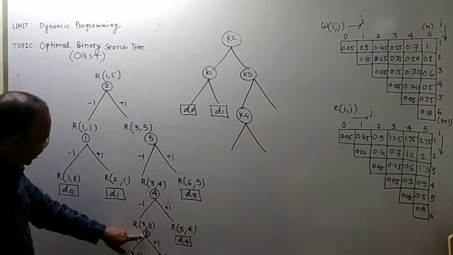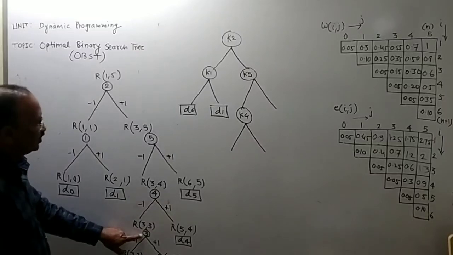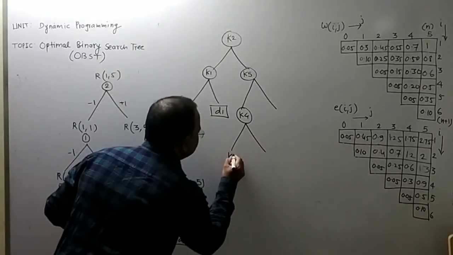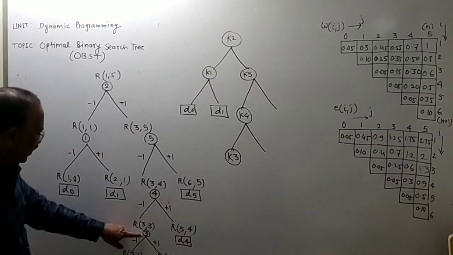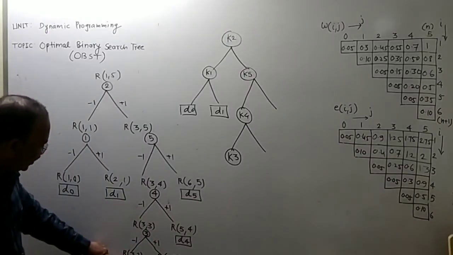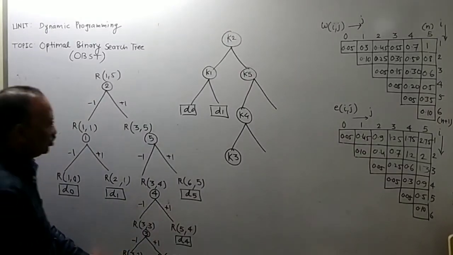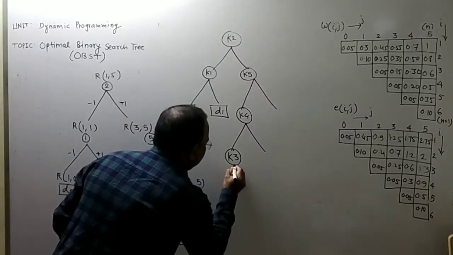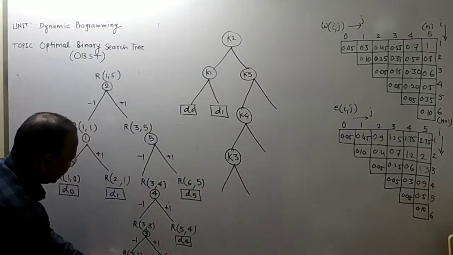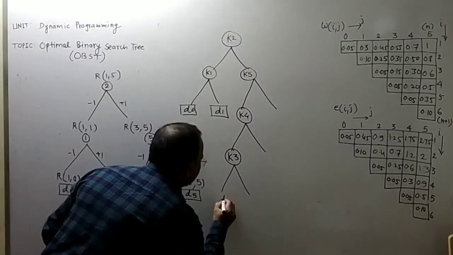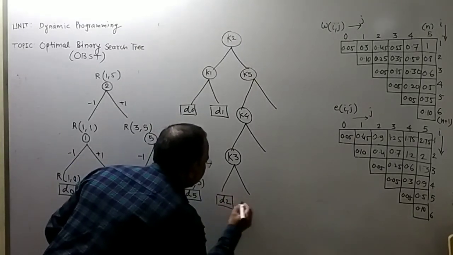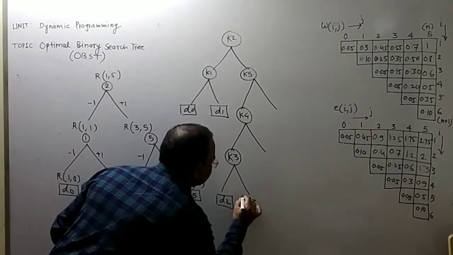Again the left child is represented using a circle, so this is an actual key. It has two children, left child and right child, and both are dummy keys represented using rectangles, D2 and D3.